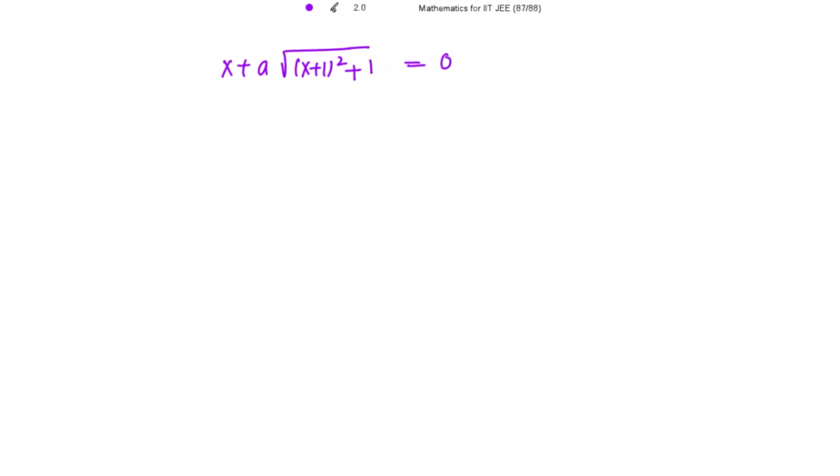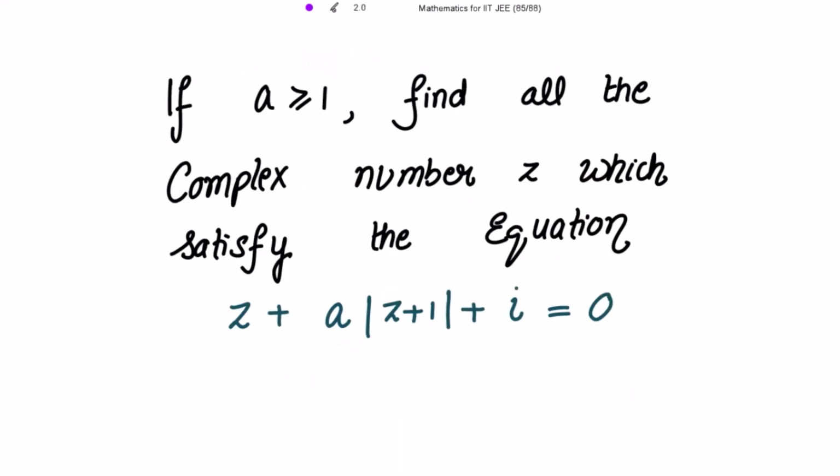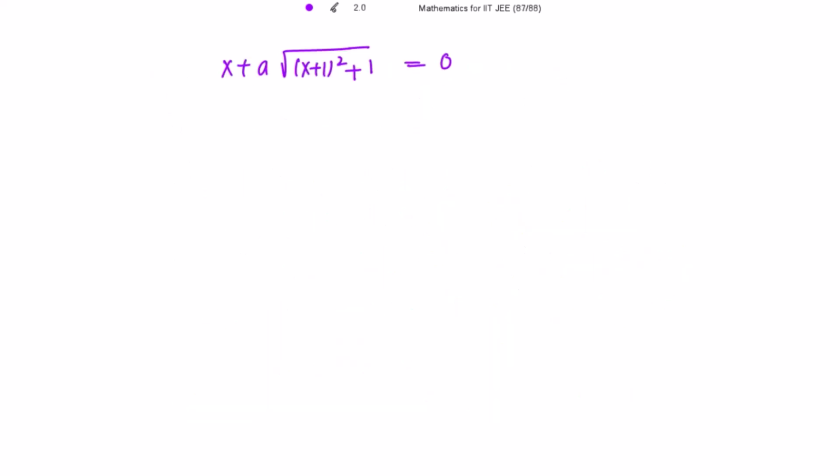Now the condition is given to us that a is greater than or equal to 1, right? So here a is greater than or equal to 1 and the square root part should always be positive. So for this equation to be equal to 0, this x must be less than 0.